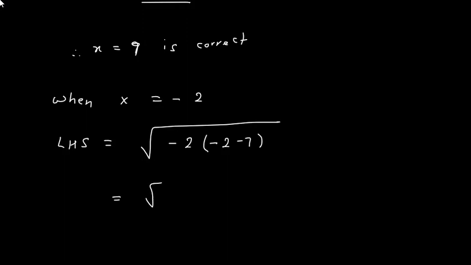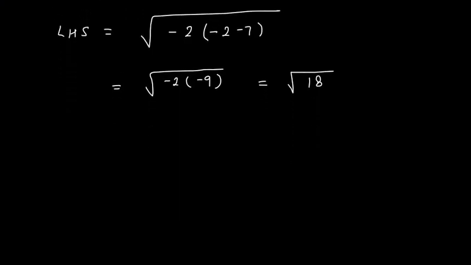So here we have root of minus 2 into minus 9. So this will become the square root of 18. Now this 18 you can write as 3 root 2, which is RHS. Now this is 9 into 2, the square root of 9 is 3 and then root 2. So therefore x equal to minus 2 is also correct.